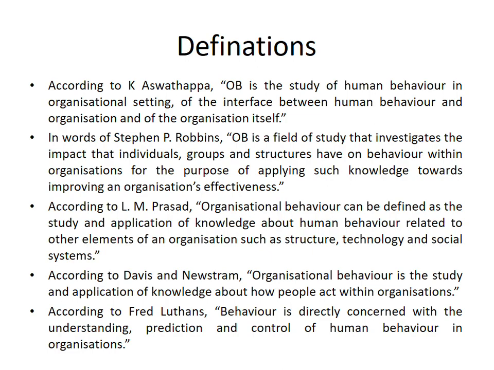And according to Davis and Newstrom, organization behavior is the study and application of knowledge about how people act within organizations. According to Fred Luthans, OB is directly concerned with the understanding, prediction and control of human behavior in organizations.